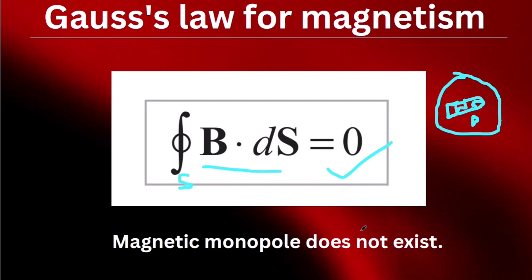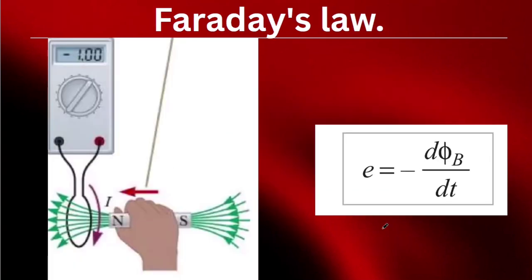So we move further. Now come to Faraday's law. First consider this picture. Here a bar magnet is moving towards or away from a closed circuit. Now when this bar magnet approaches this closed circuit, you see this coil, a current flows and it is measured with this ammeter.